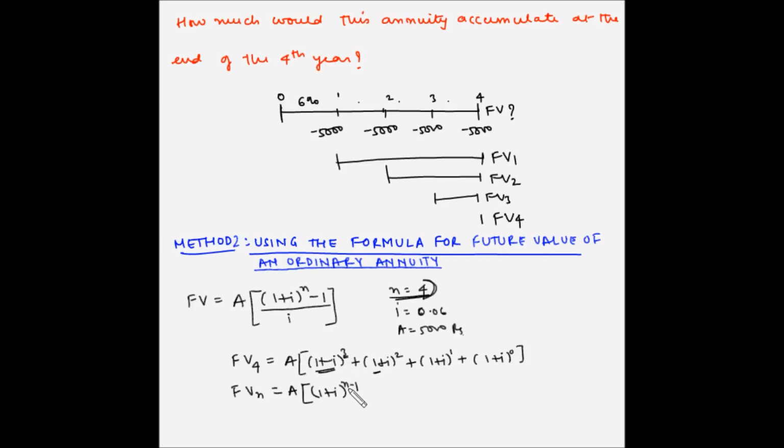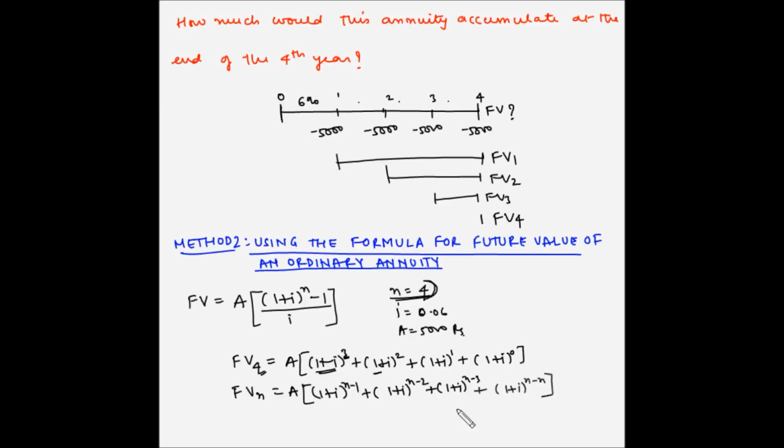So 3 became N minus 1 because N is 4, plus 1 plus I to the power N minus 2, plus 1 plus I to the power N minus 3, plus 1 plus I to the power N minus N, because N is 4, so N minus N becomes 0. So that's why when we are using the formula for finding out the future value of an ordinary annuity, we have to consider N as the total number of periods.